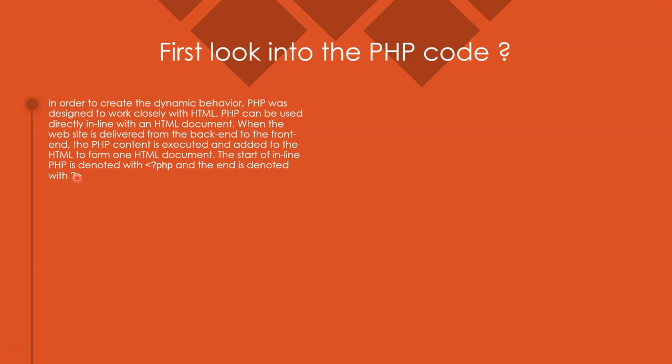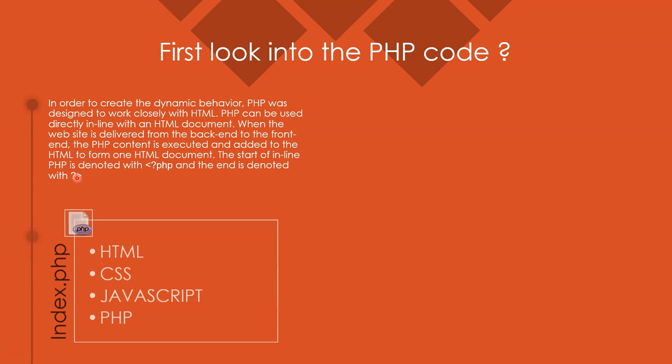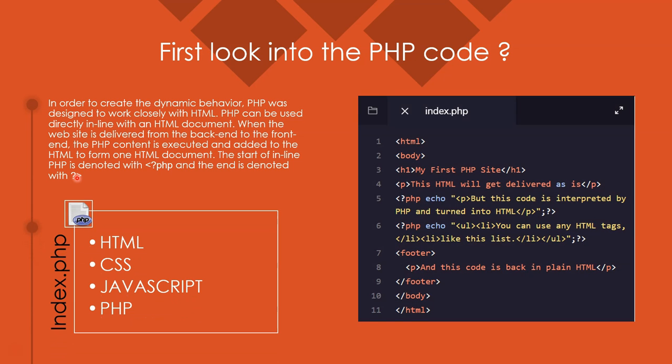So let's get further and have a look at how the code looks. PHP is a server-side language and is very tightly bound with HTML, and that's the reason why it is so popular, because in the same file you can write the PHP as well as HTML code.